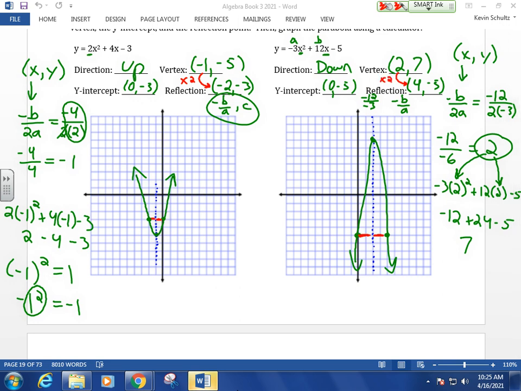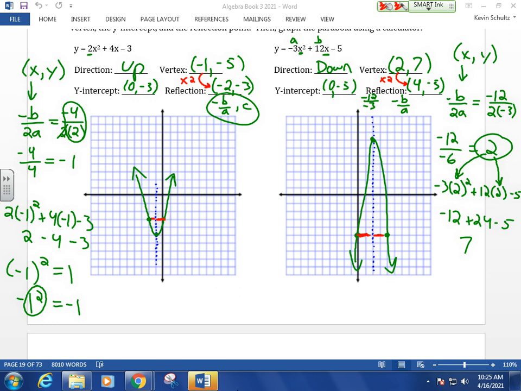Right? 2 times 2 is 4. Negative 1 times 2 is negative 2. And again, if using this formula for the reflection point is not happening for you, you can draw that axis of symmetry through the vertex and reflect that y-intercept on the other side of it. It was 2 away here, so we go 2 away on the right side. It was 1 to the right here, so it's 1 to the left on the other side. 2 ways to find it.